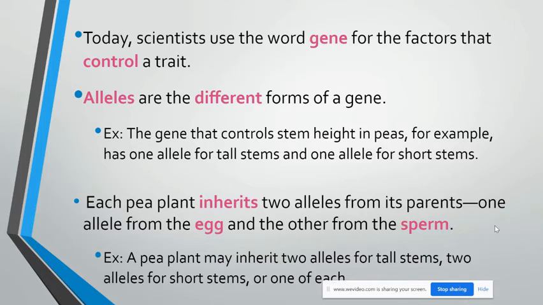Each pea plant inherits two alleles from its parents, one allele from the egg, which would come from mom, and one allele from the sperm, which comes from dad. So other examples could be that a pea plant may inherit two alleles for tall stems. It could inherit two alleles for short stems, or it could inherit one of each, which is what we would call a hybrid.